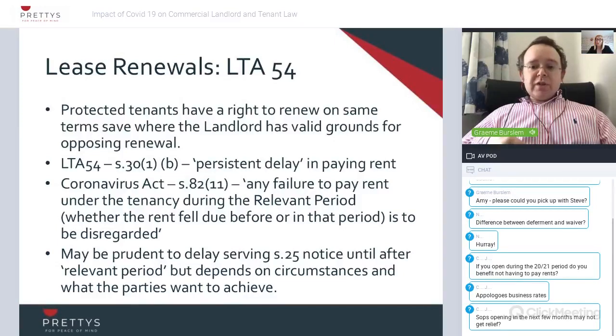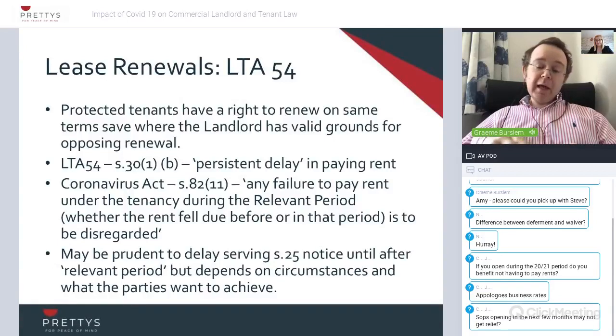So it's just another one of the sticking plaster kind of provisions, in as much as we know that delay in paying rent prior to the relevant period starting is probably still fair game, and likewise, once we're out of the relevant period post 30 June, assuming it isn't extended, then delay in paying rent after that date presumably is going to kick back in and will be available as something a landlord can point to.